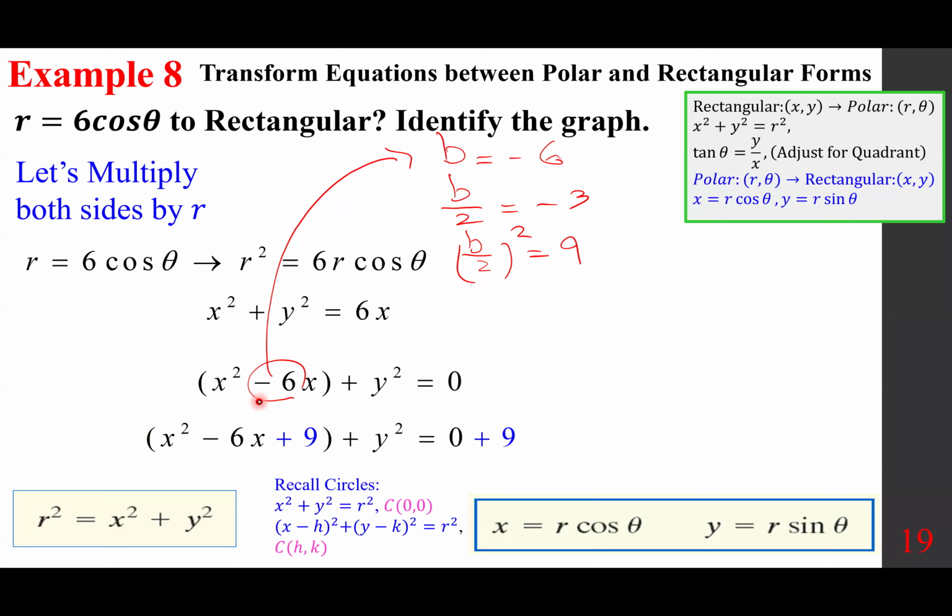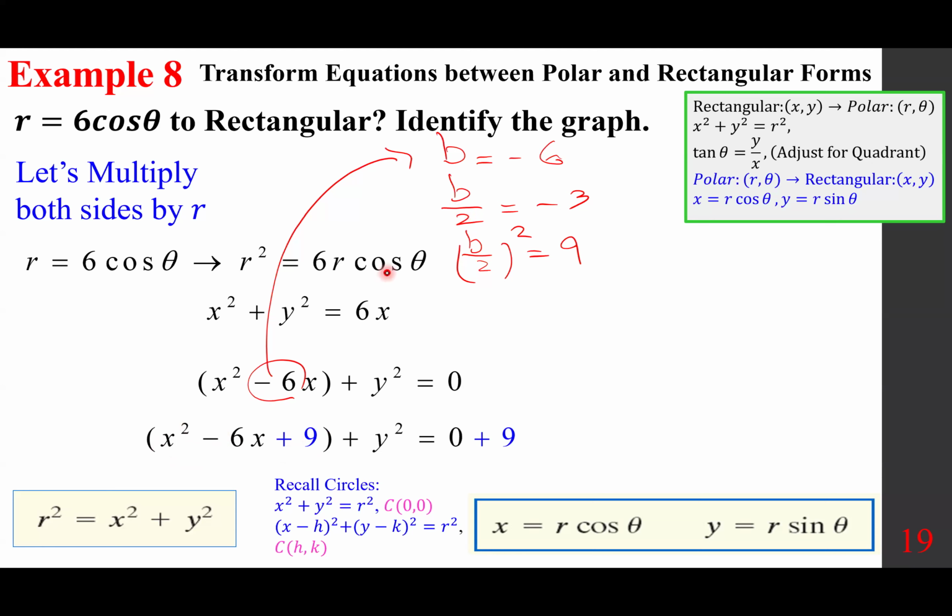Okay, everybody? So what happens is this one is a perfect square trinomial. The variable, whatever, x, y, z, the variable x, and b over 2.